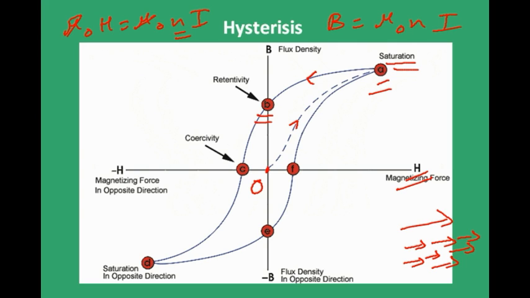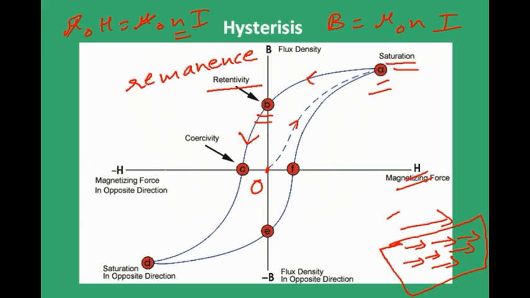That is the meaning of it. And this value of magnetic field when the current is zero is known as retentivity, or it's also known as remanence. And what I'll do after B, I will reverse the direction of current, and the dipoles were so strongly aligned to the previous magnetic field that even when I reverse the direction of current and go from B to C, still I have a positive magnetic field. I mean magnetic field in this direction.